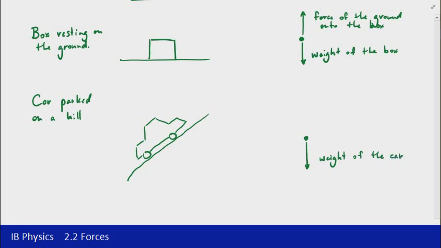In this case, because the surface that the car is sitting on is on an incline, the force of the road onto the car will be in that direction. Let me just check that I've got the size of that arrow right. I think I need to make it a little bit shorter. So that will be the force of the road on the car.